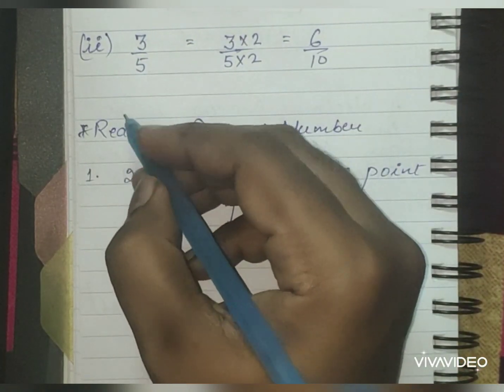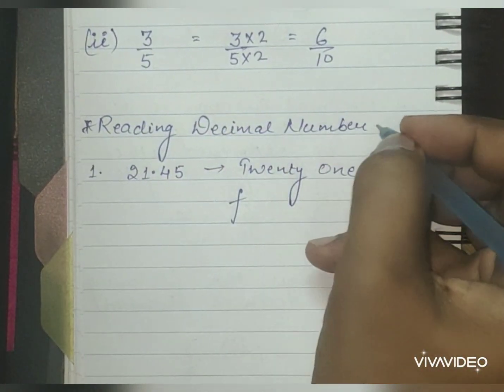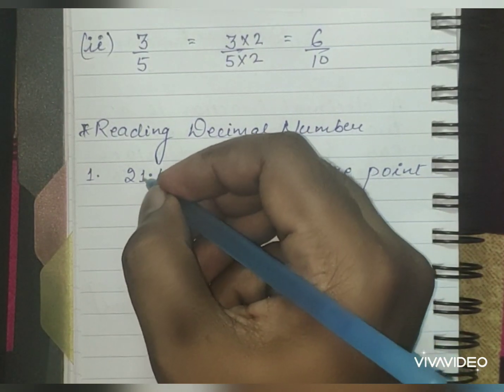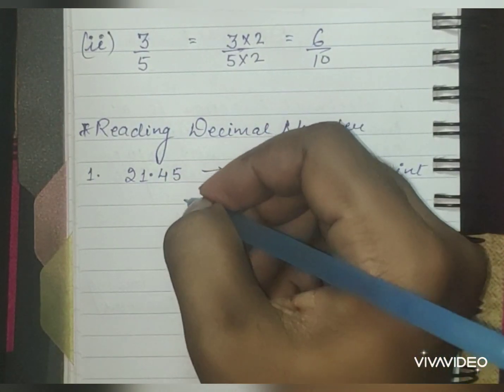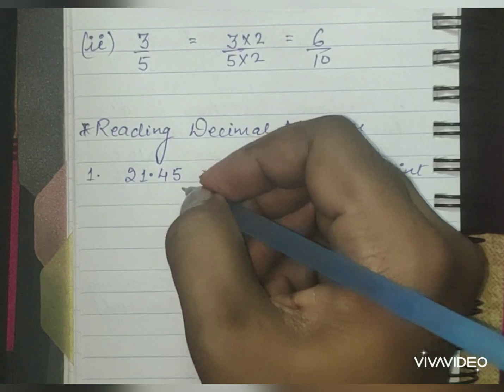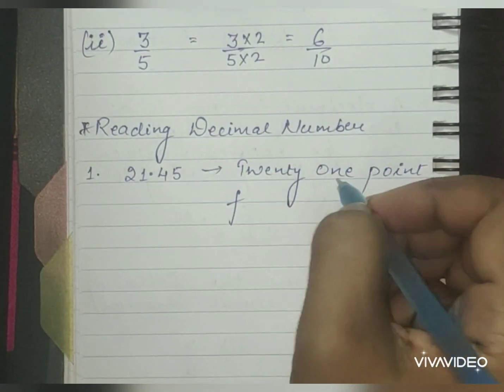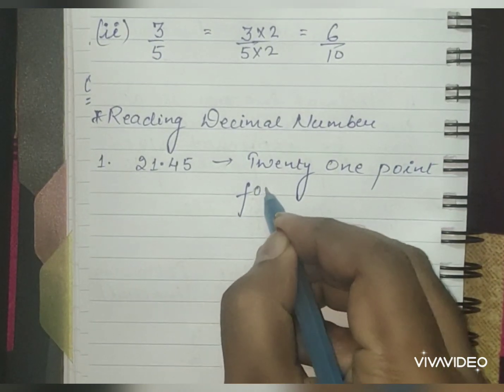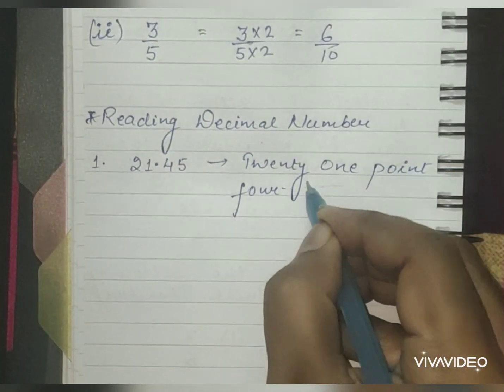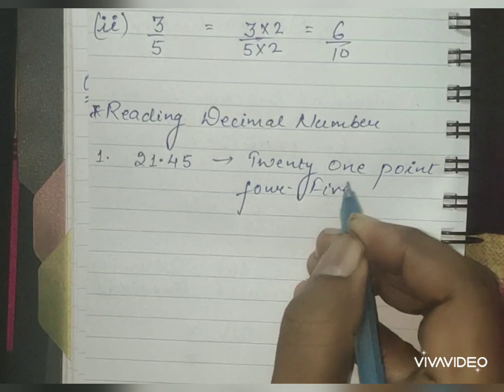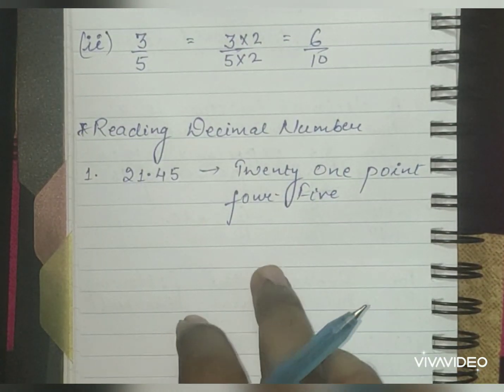Now we are going to see the next topic, and that is reading a decimal number. Suppose you see that 21.45 is written. How do we write it as a number name? 21.45. This is the method to read a decimal number.